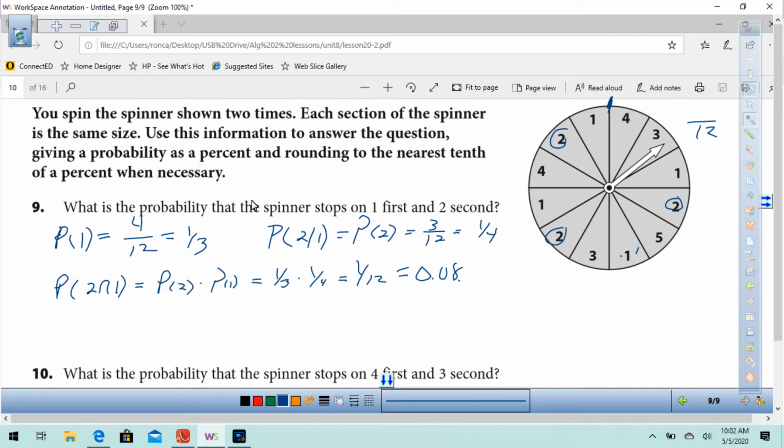Round to the nearest tenth of a percent. As a percent and rounding to the nearest, so I guess that would be 0.1, that's the nearest tenth.